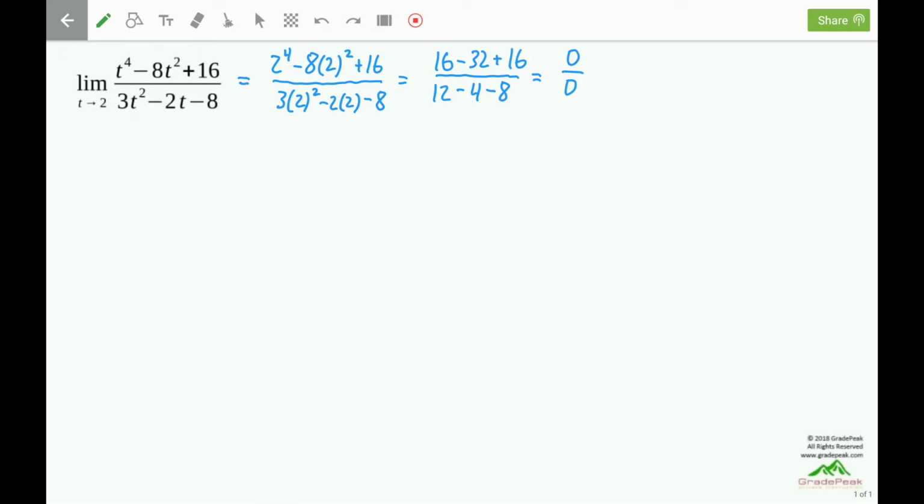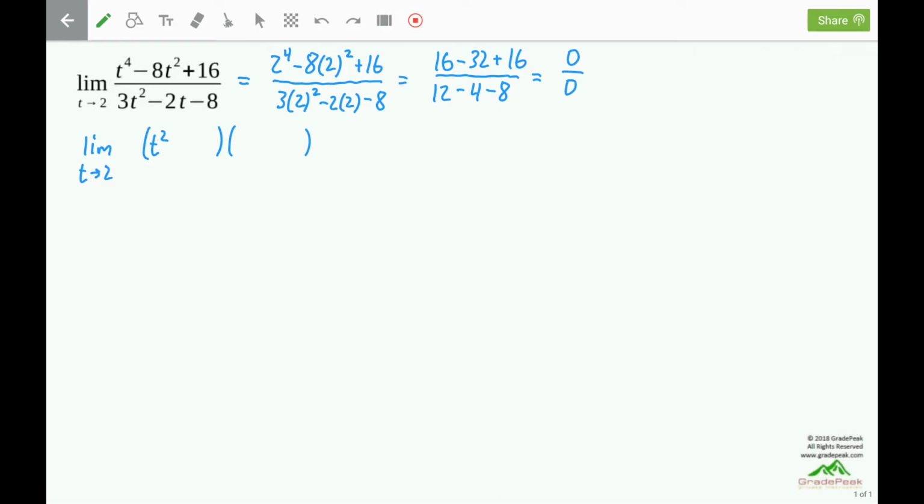We need to rework this since these are power functions. We are going to try the factor and cancel method. So we have limit as t goes to 2. The numerator is a trinomial factoring of t squared.